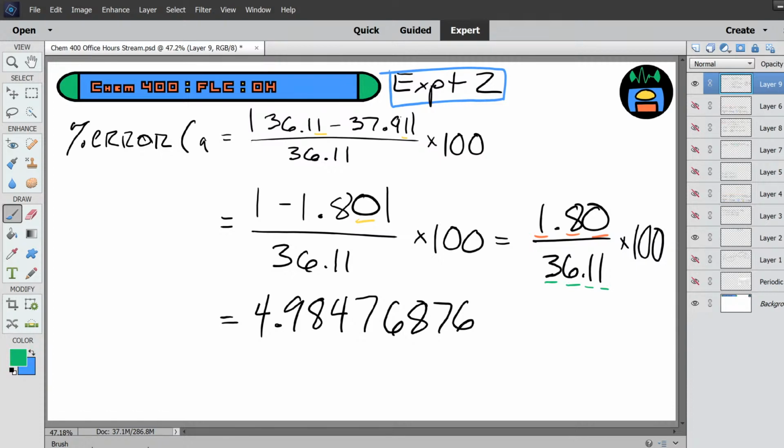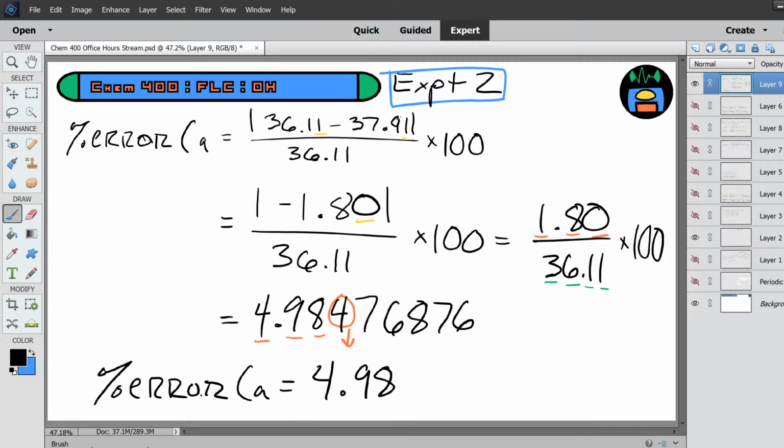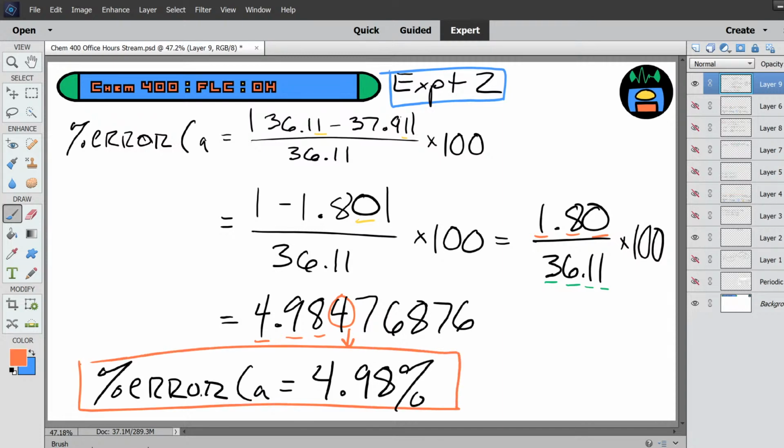I'm allowed to keep 3 because I go with the fewer. So 1, 2, 3. This 4 rounds down. So my percent error for my data with calcium, error, there's an O there, not an A, for calcium is 4.98%. That is the correct value with the correct sig figs.